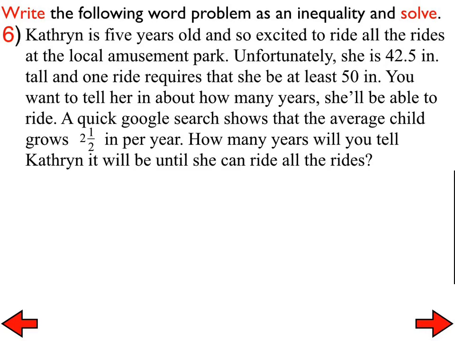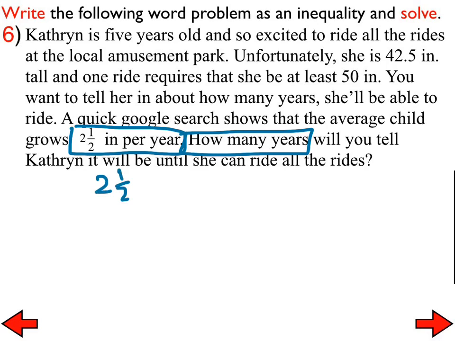So what are the things we know here? Good. This is our per something, per year, and then the question also says how many years. So what do you think this term is going to look like? Yeah. 2.5x.